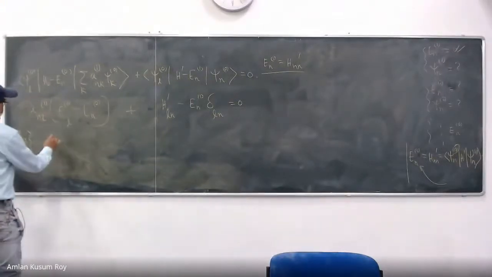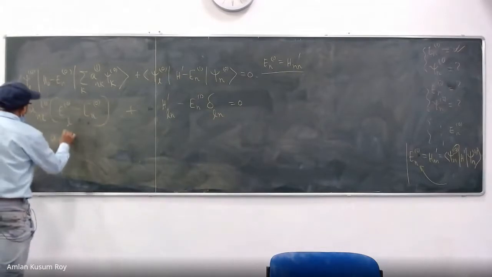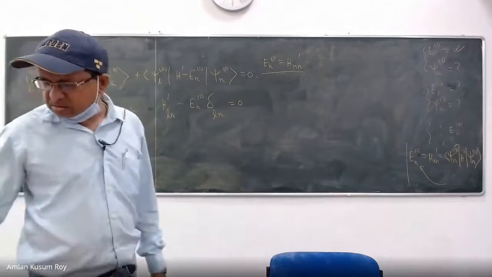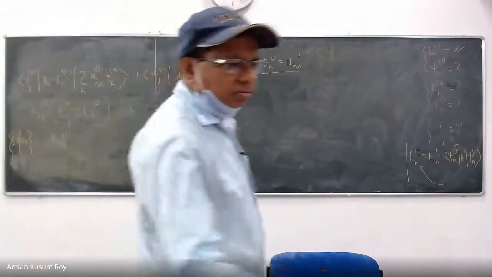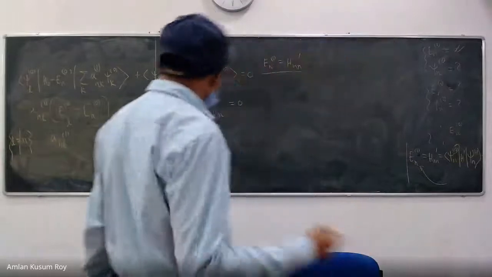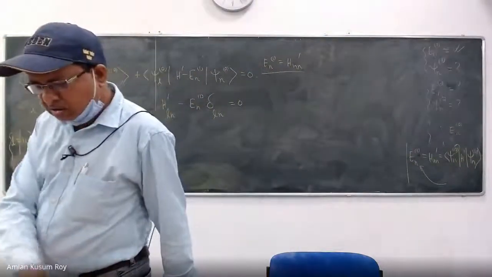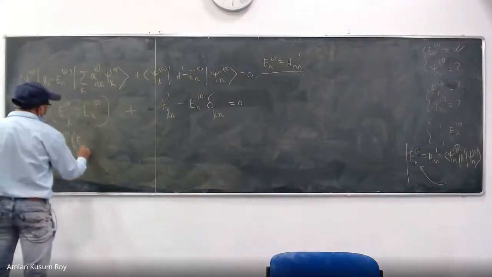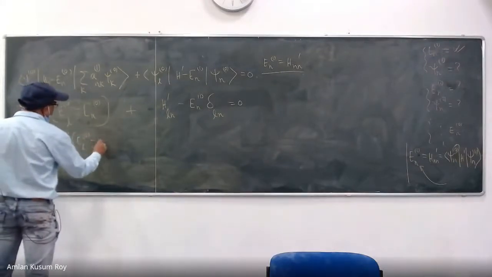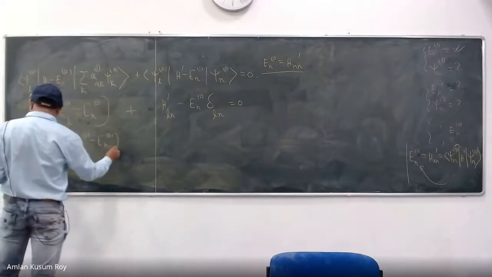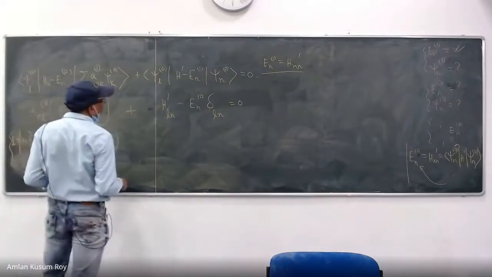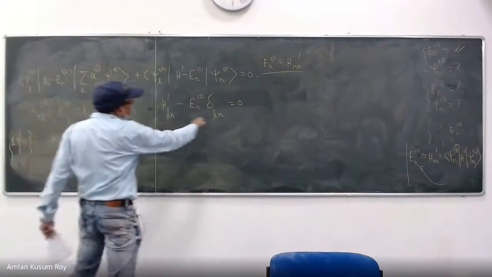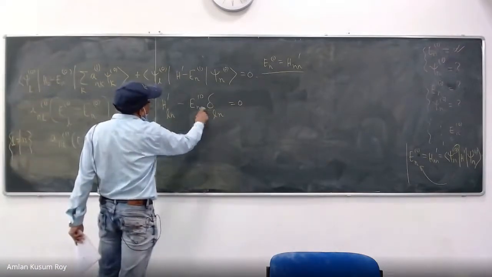So what happens? ANL1 into EL0 minus EN0. So if your L is not equal to N, so this has to go, right?